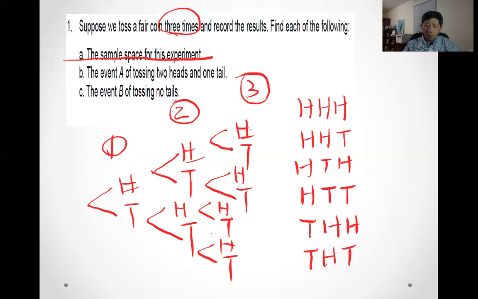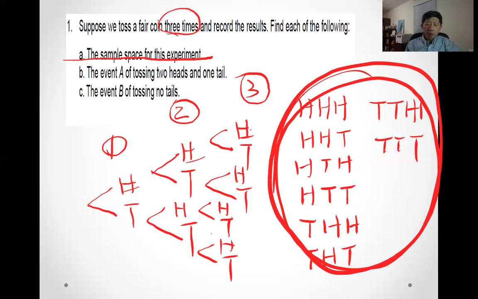We might have 2 more: tail, tail, head, and tail, tail, tail. So this is called a sample space. We have 8 different kinds of outcomes, right? So now I'm going to answer the next question, okay?